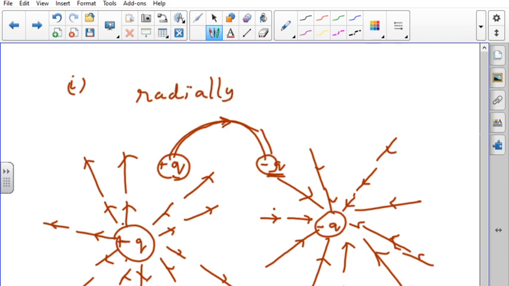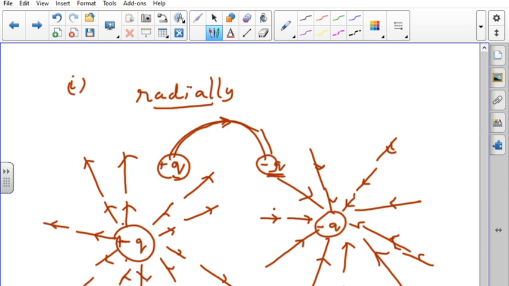If you have the book PDF, just note down the words radially outward. If it is an isolated negative charge, the electric field lines flow radially inward. Direction is inward.